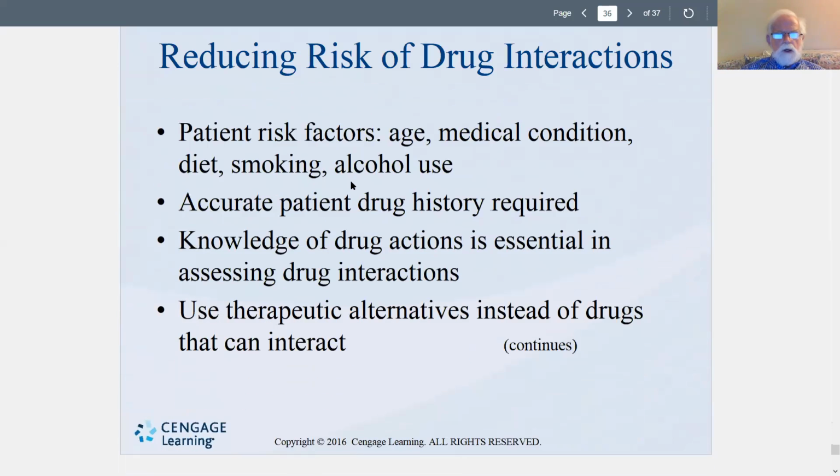So we have to look at all of these things, and this requires for you as a future medical assistant, you need to be able to take a very, very accurate patient history, including their drug history. And we need to be aware of the major problems.